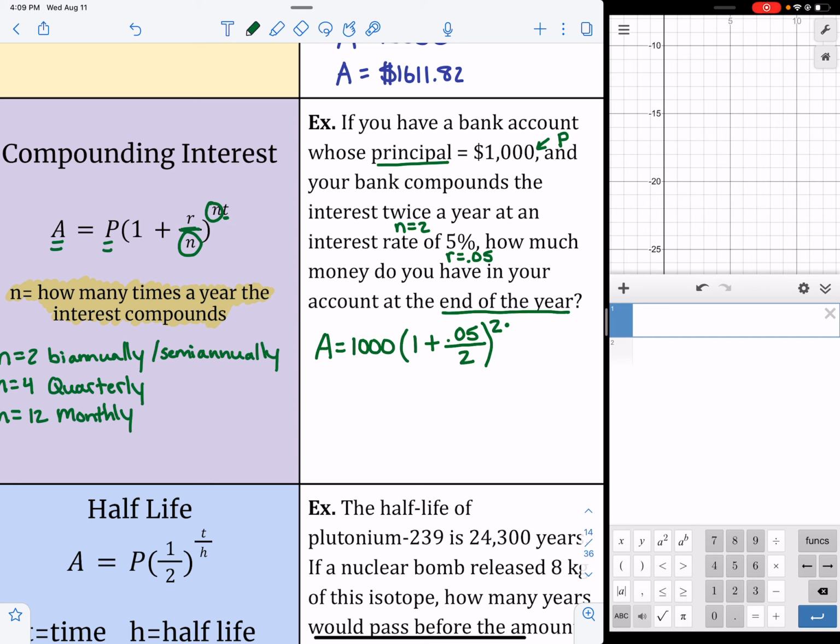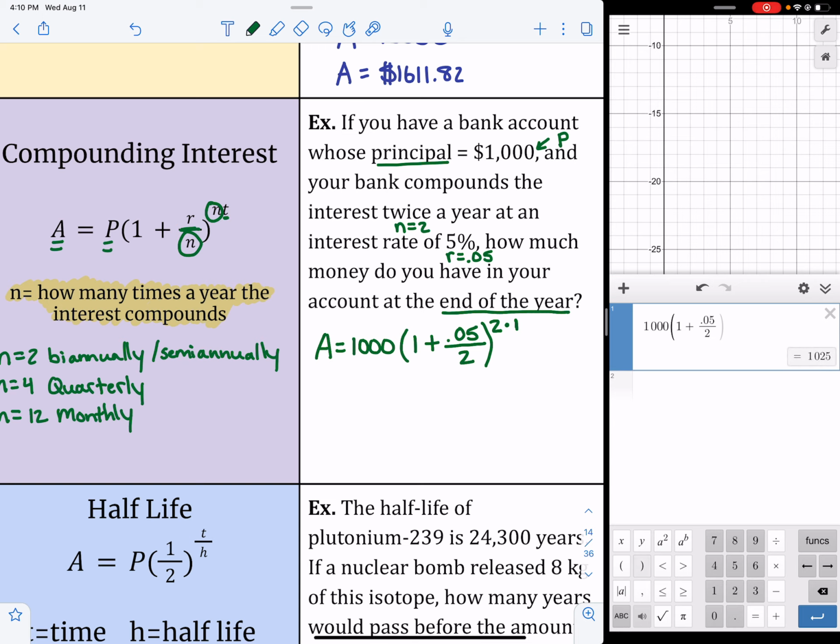And then they said the time, let's say they said end of the year, we had the rate twice a year. So if it's just 1 year, it sounds like, then that would just be 1. And let's type everything in. So we have 1,000, and then in parentheses, put it like it looks. 1 plus 0.05 divided by 2.